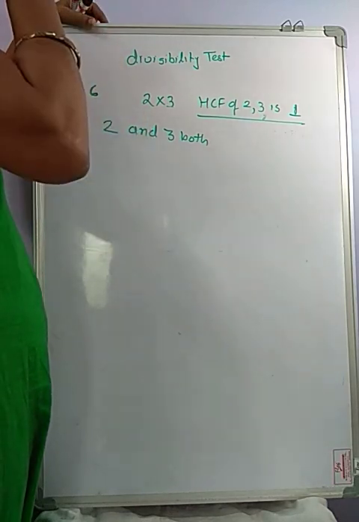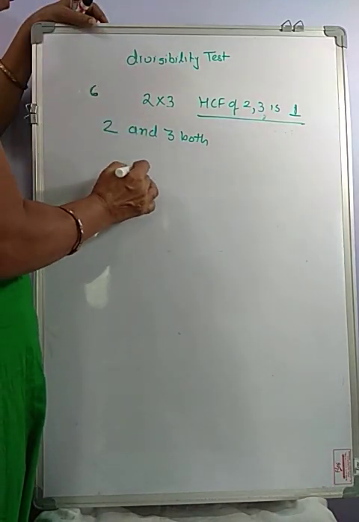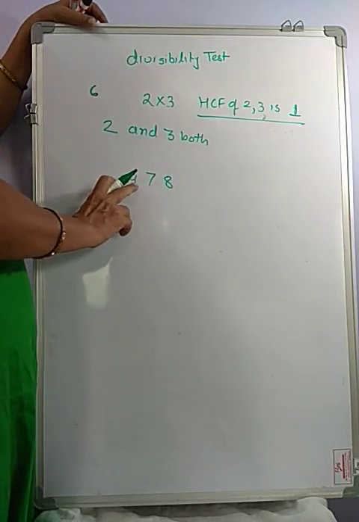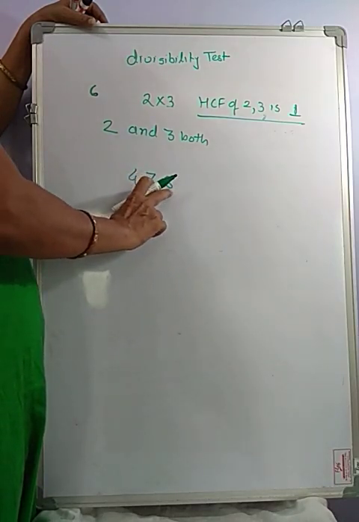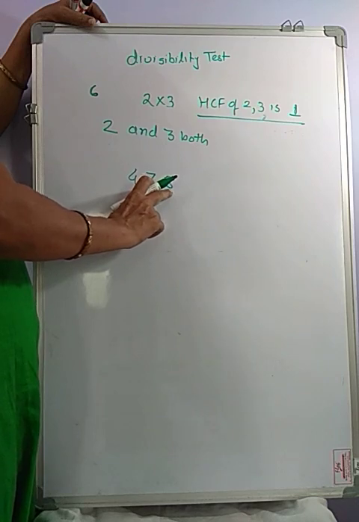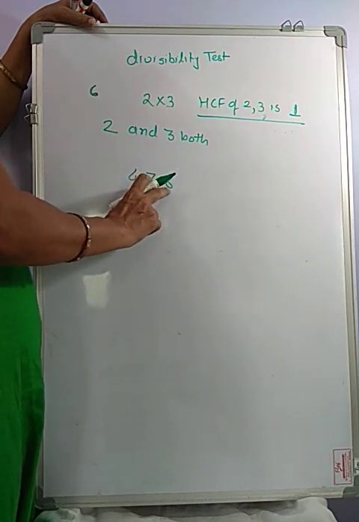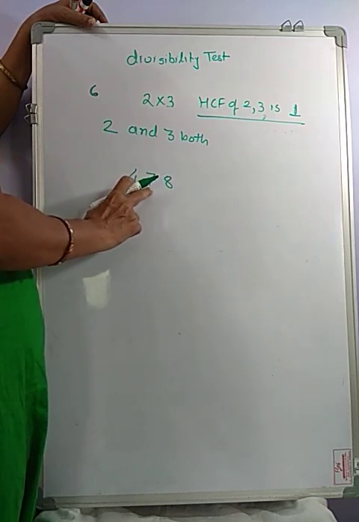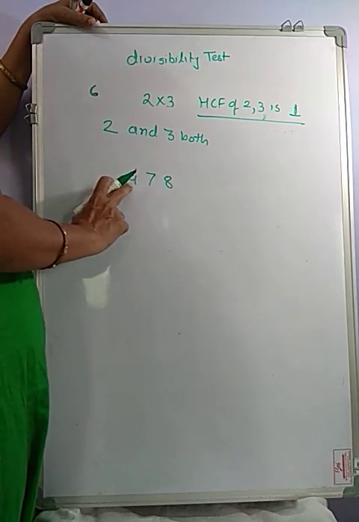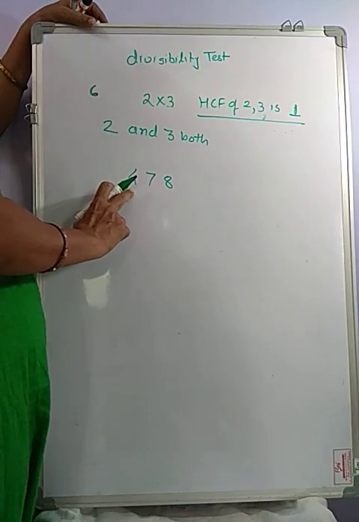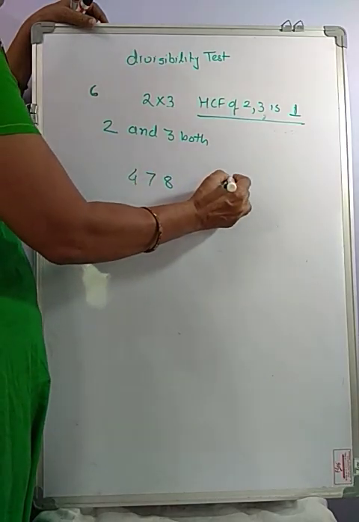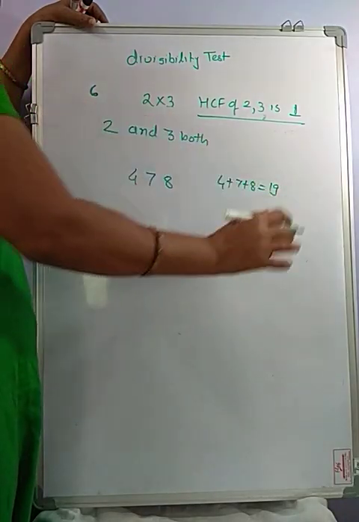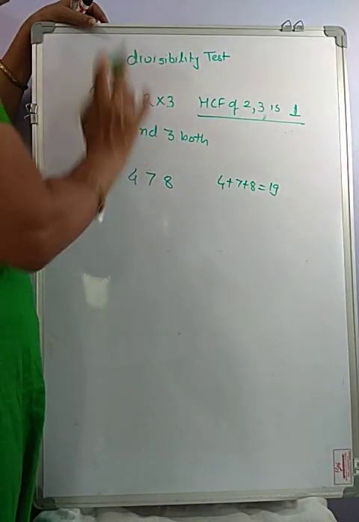For example, take 478. 8 is at the units place, therefore it is certainly divisible by 2. Now the sum of the digits, 4 plus 7 plus 8, is equal to 19. This is not divisible by 3. Therefore, this number will not be divisible by 6.